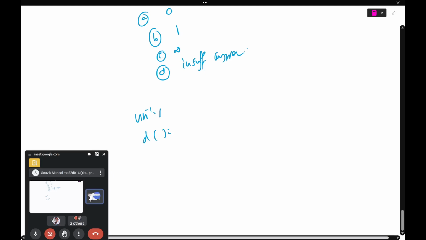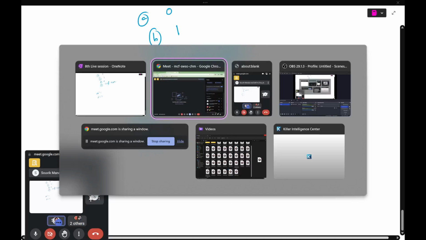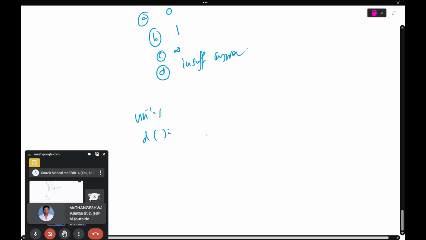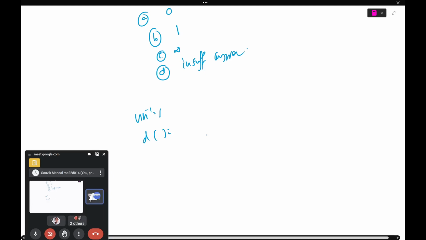In that relation, from the relation, what do you need to do in order to get D1?